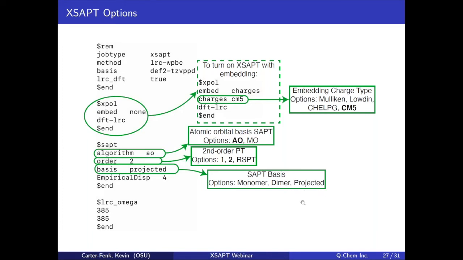And the projected basis generalizes the idea of a dimer basis to extend to systems of multiple fragments. So say we had 3 or 4 or more fragments, then the projected basis is recommended because it does all of the calculations for SAPT in the monomer basis.